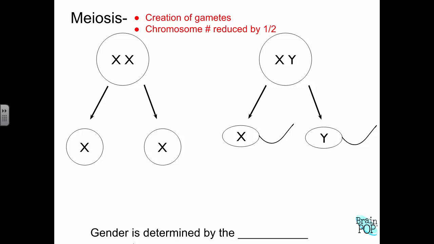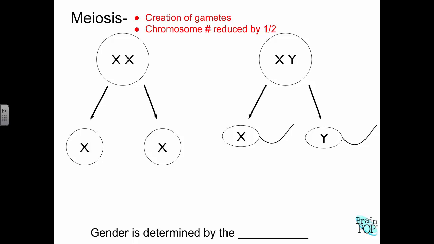So during meiosis, the chromosome number is reduced by half. So these are regular body cells. How many chromosomes does a regular body cell have in a human? 46. So after the cell goes through meiosis, how many chromosomes does the sex cell have? 23.